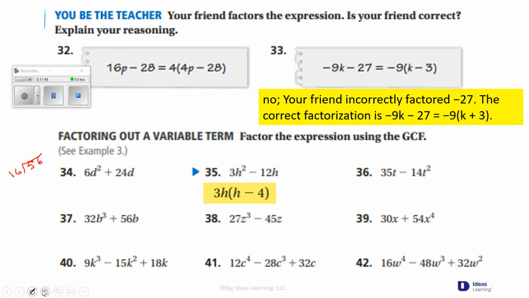So I'm going to go with 8 is the biggest number that would go in there. So I'm going to say that this is probably 8, and then the parentheses. In fact, B will also get factored out, because B is part of B cubed. So I'm going to say 8B, and then in parentheses times 4, because 8 times 4 is 32.